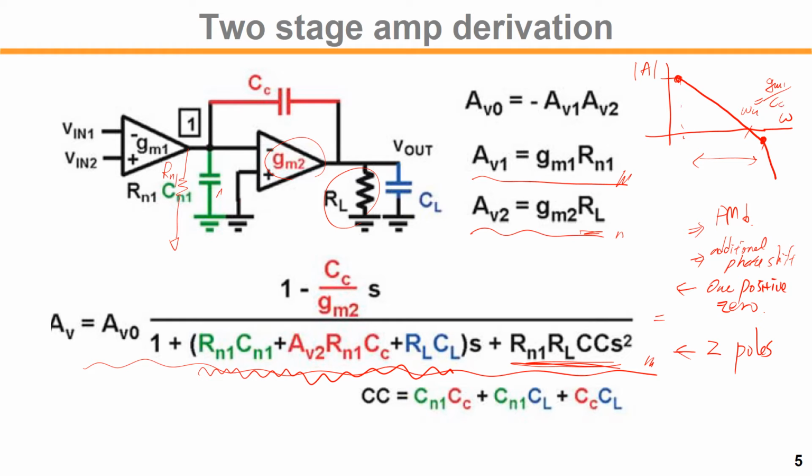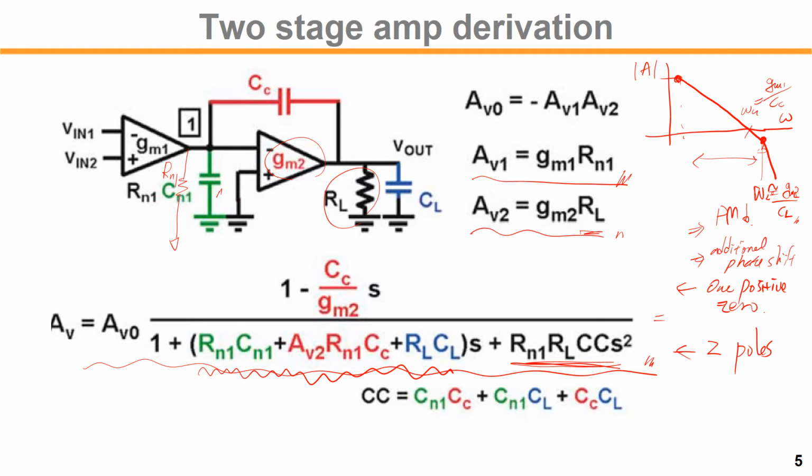And omega 2, the location of the second pole, is close to GM2 over CL, approximately. If Cn1 is 0, then it will be close to GM2 over CL. So the GM2 must be a lot larger.